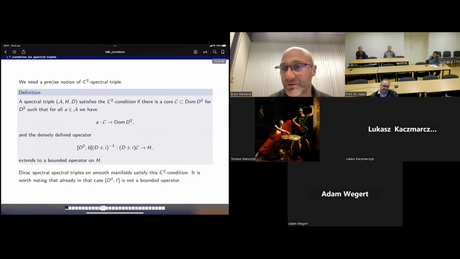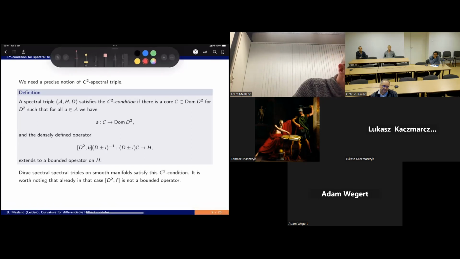And so that should have something to do with d squared. In the original axioms of a spectral triple, you only have a C1 type structure. But it turns out that the natural C2 condition is the following. We want the algebra elements to map some core for d squared into d squared.